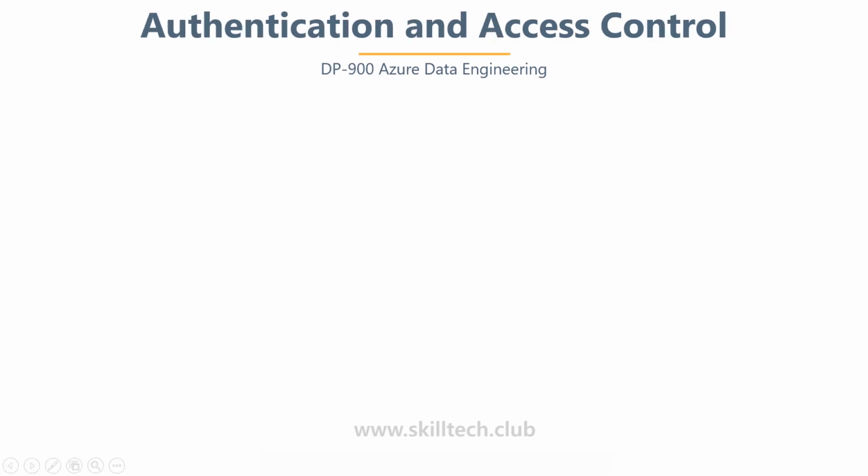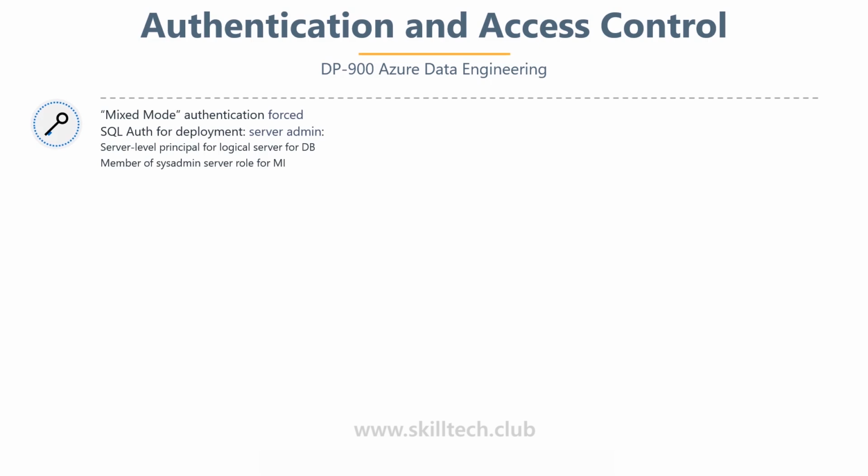Next, we have to focus on authentication and access control. As I said, we have gateways via which we can handle connections from inside Azure or outside Azure. But then we also have something called mixed mode authentication, which allows you to do SQL Server authentication plus some network level integration with the database; some server level principal and configurations can be done with that.